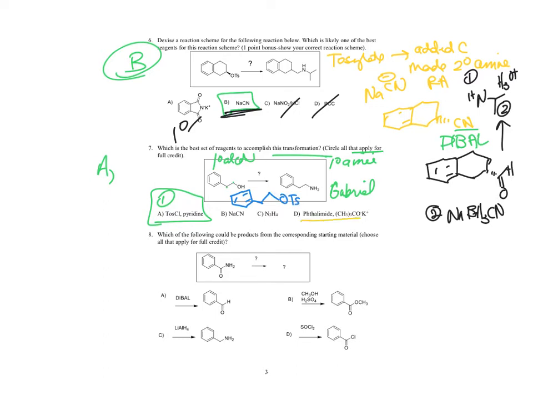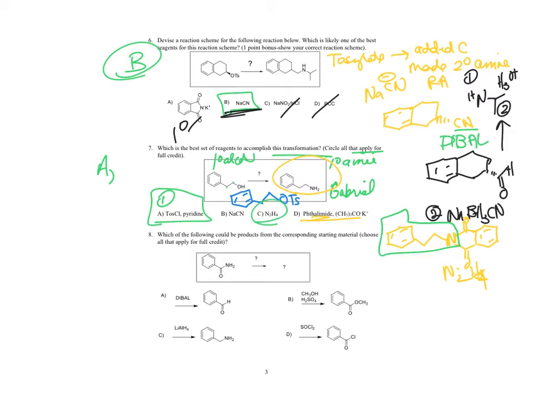And then when you add the phthalimide, you're going to make this compound here where you've installed the nitrogen on the phthalimide. And then you're going to release it with hydrazine to give you your primary amine, which would be this group here.